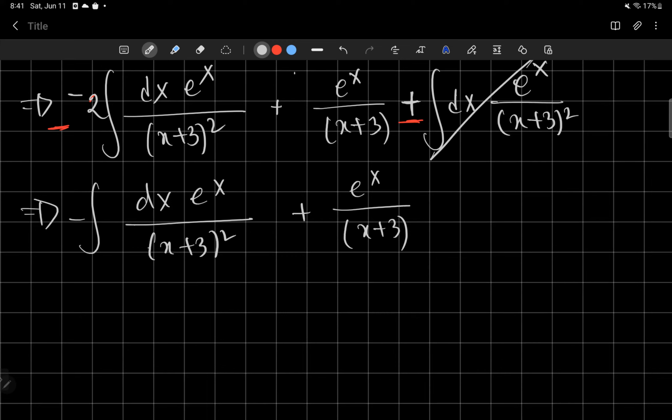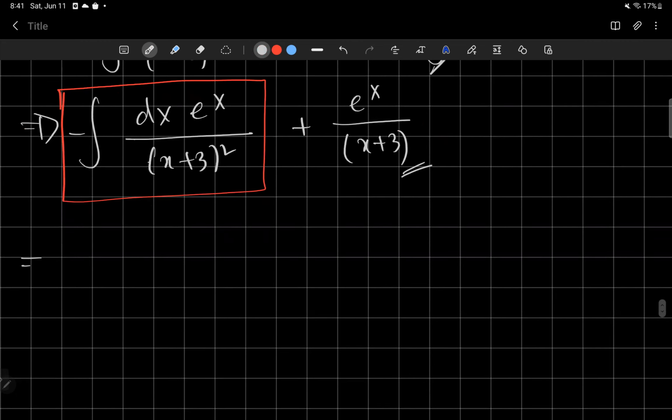What to do now? We cannot touch this guy because there is no integration over there, right? And if you want to apply integration by parts on this guy, see what happens. Let's try integration by parts.